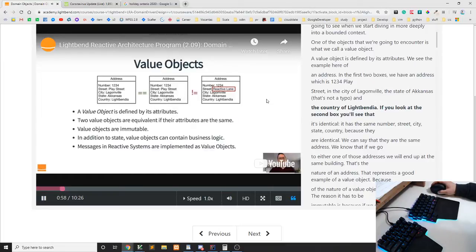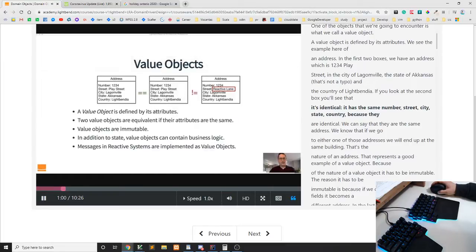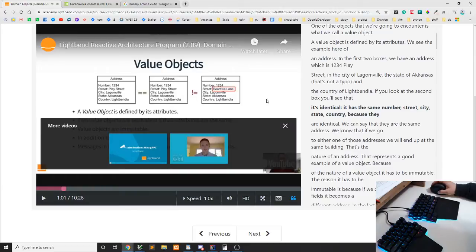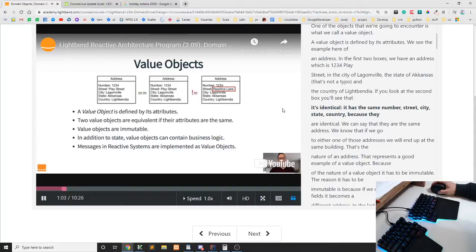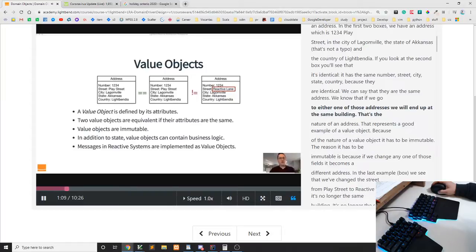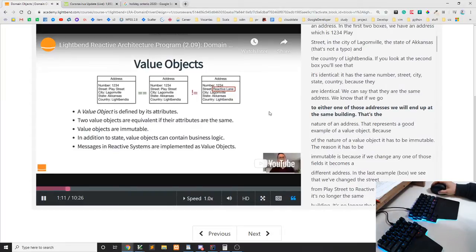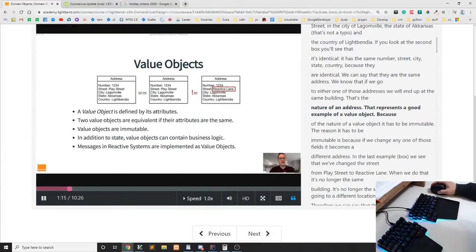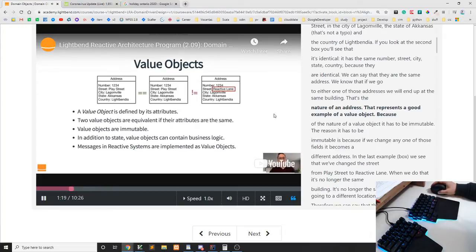Now, if you look at the second box, you'll see that it's identical. It has the same street, number, city, state, country. Because they are identical, we can say that they are the same address. We know that if we go to either one of those addresses, we will end up at the same building. That's the nature of an address. So that represents a good example of a value object.